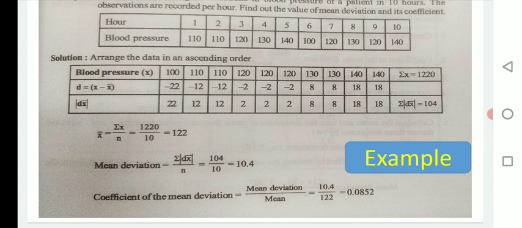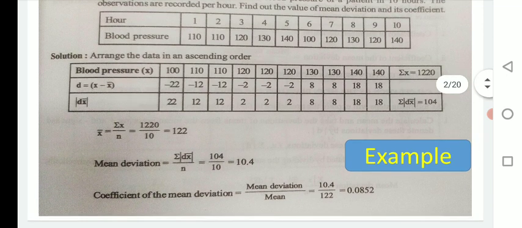It is simply calculated by deducting the mean from the individual observation. We have to just deduct the mean from each individual observation. So you can see that 122 is our mean.